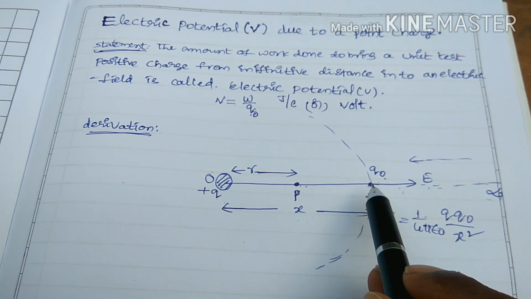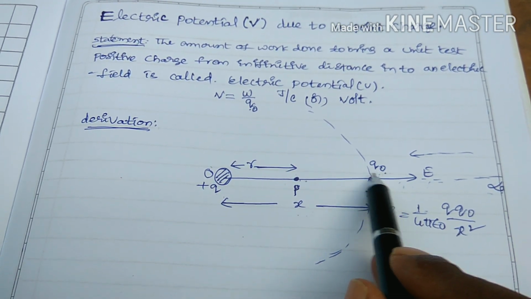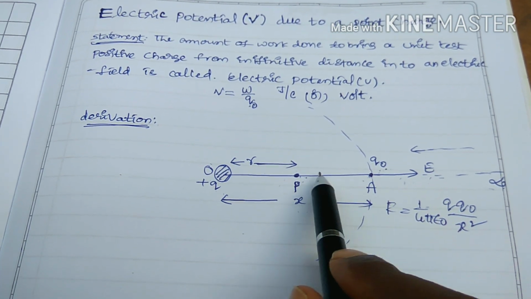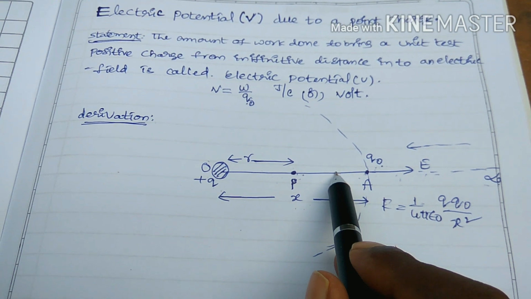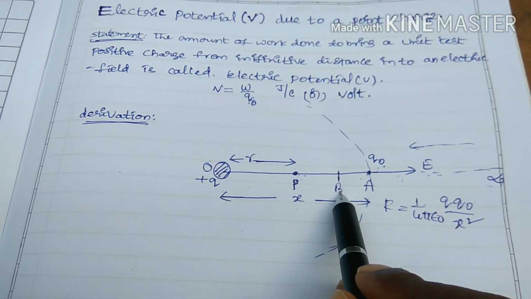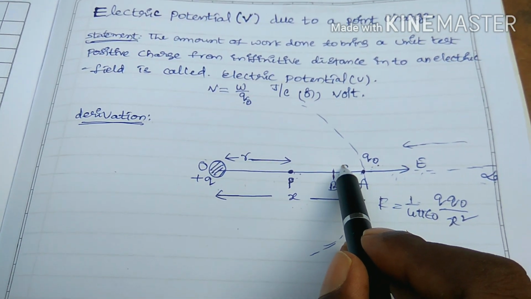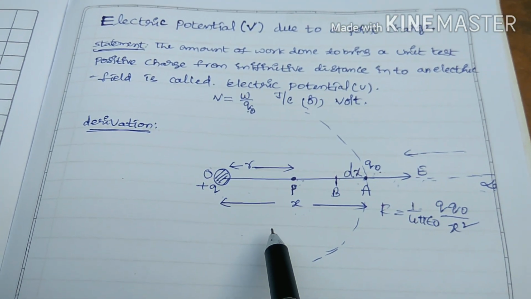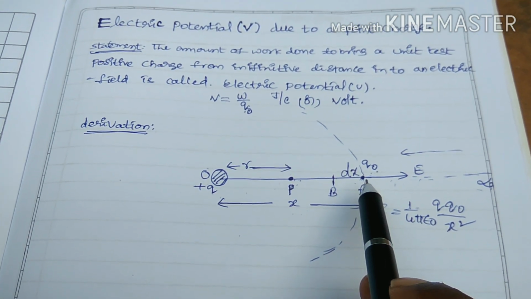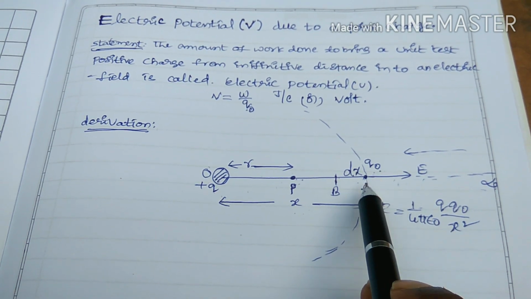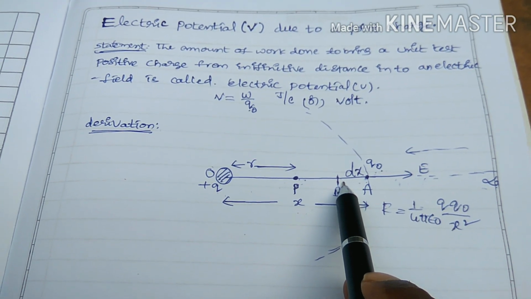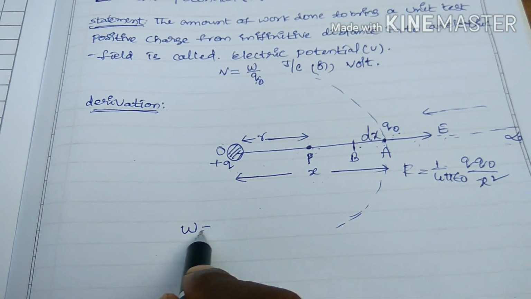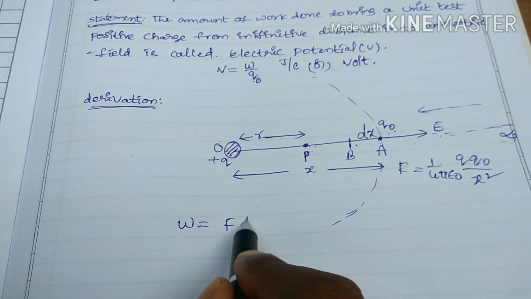So to bring the point charge Q naught to point P, from A to B, we have to partition the distance from A to B. The small displacement that occurs is dx. Then the work done to bring the point charge from A to B is W equal to F into dx.